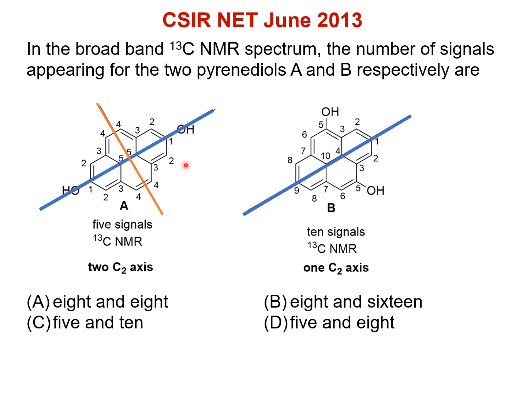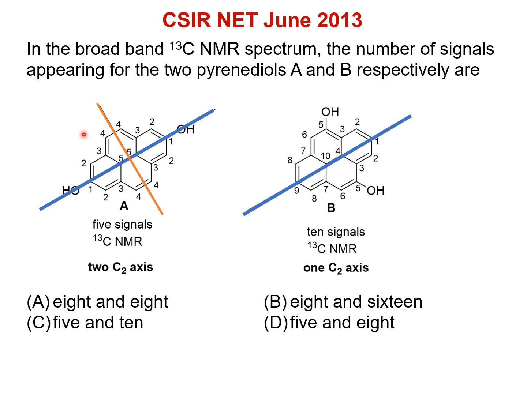Look at the structure of pyrindiol A and B. Both molecules contain a total of 16 carbons, but due to the presence of a C2 axis, the number of signals will be less. In molecule B, one C2 axis is present, giving 10 different non-equivalent carbons, which gives 10 signals in C13 NMR.